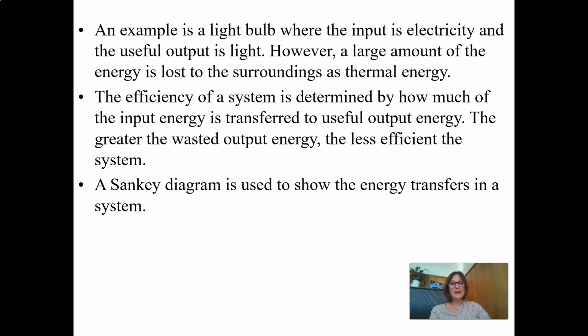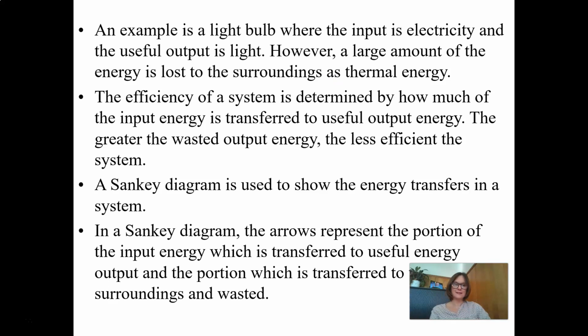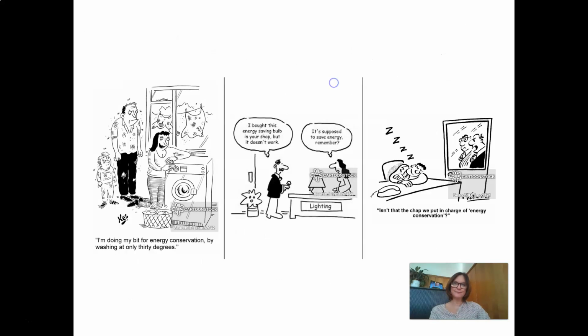A Sankey diagram is used to show the energy transfers in a system. In a Sankey diagram, the arrows represent the portion of the input energy which is transferred to useful energy output and the portion which is transferred to the surroundings and wasted.